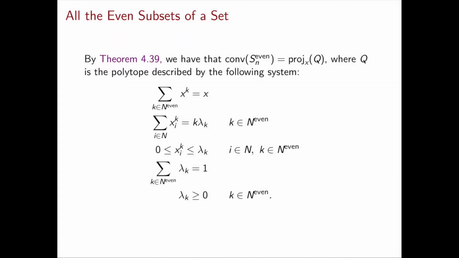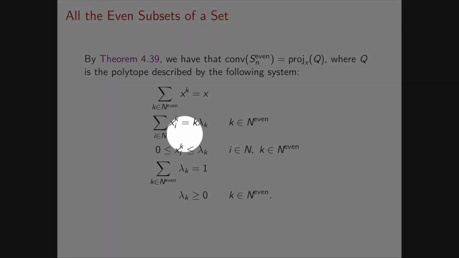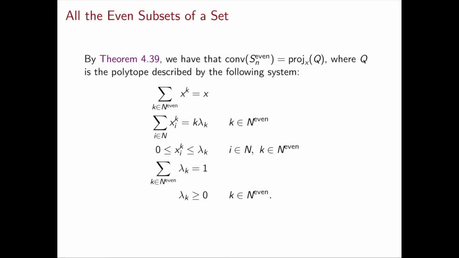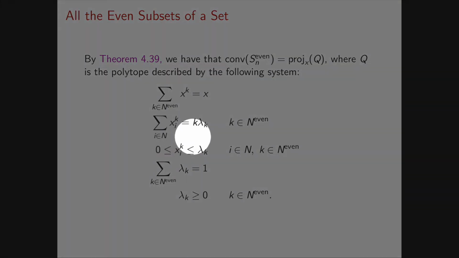Then for every k, we write down the system that we have just seen that describes S_n^k, where first we substitute the original variables with the x^k copy, and secondly we multiply the right hand side by lambda_k, and we obtain exactly these equalities and these inequalities.